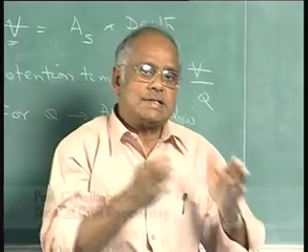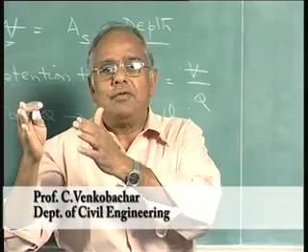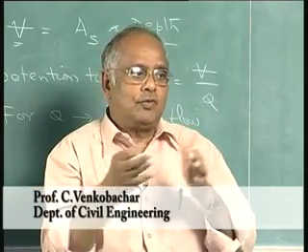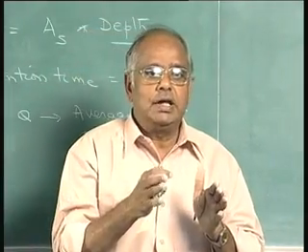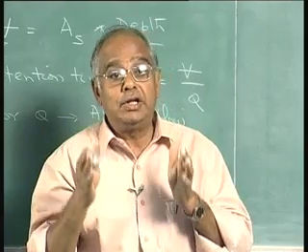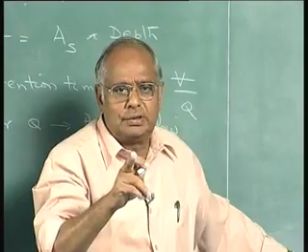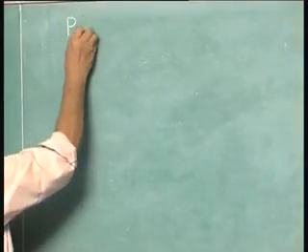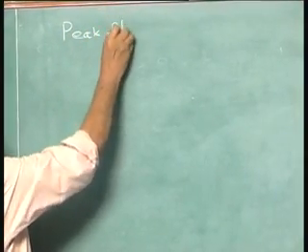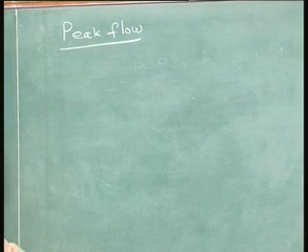The flow can be less than average, or more than average. If the flow is less than average, I do not have to worry. If the flow is more than average, I need to worry. So I need to find out whether my grit chamber is going to work at peak flows.